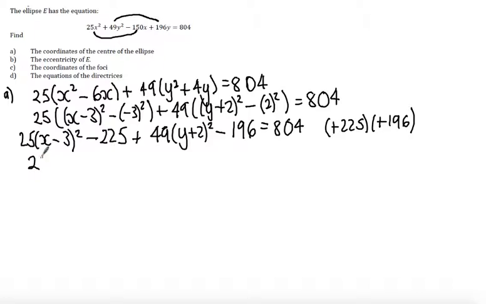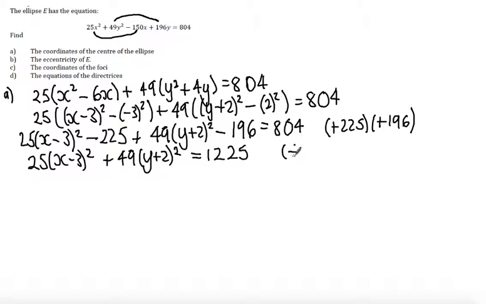When I do so, I get left with 25(x minus 3) squared plus 49(y plus 2) squared equal to 804 plus 196 is 1000, plus the 225 gives me 1225. At this point I want single x and single y, so I'm going to divide both sides of the equation by 25, and I'm going to divide both sides by 49.